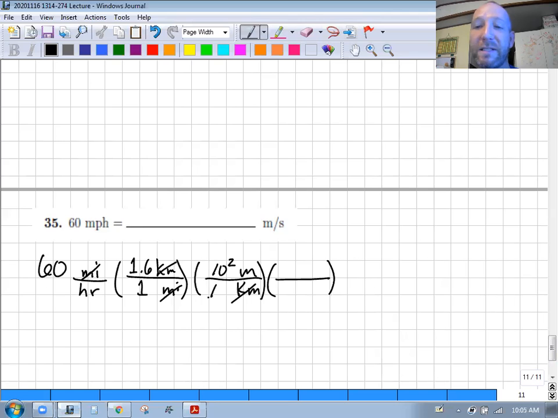I got to put hours up here so they go away, right? I know minutes per hour, and I know seconds per minute. We got to get seconds on the bottom down here. So there's 60 minutes per 1 hour and 60 seconds per 1 minute.